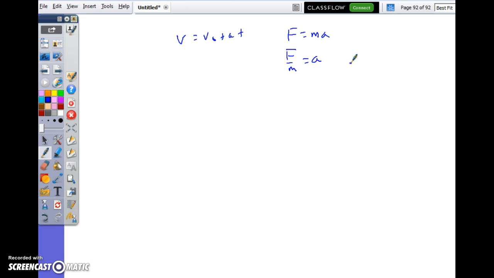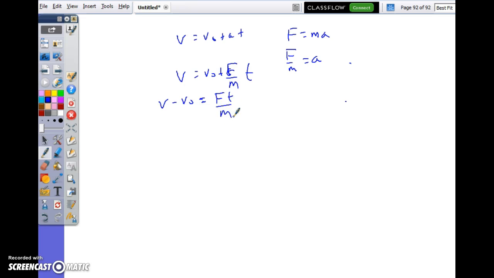So then if I place it in here, I get v equals v naught plus F over m times t. That's a terrible F, sorry. So far, so good? Then if I move this to the other side, I get v minus v naught equals Ft over m.